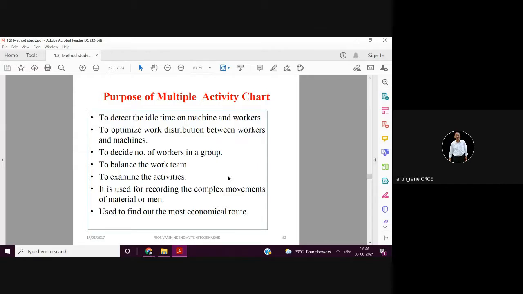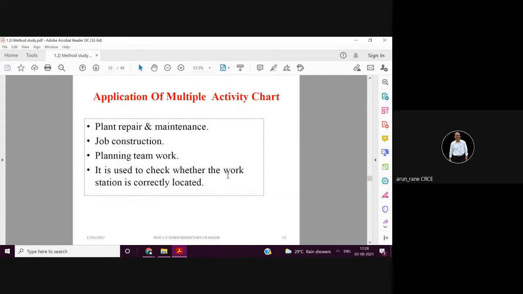That is what is called the balancing, the work team. अगर आप 5 वर्कर का टीम अलोकेट करते हो तो यू हैव टू सी दैट हर एक को काम है, इक्वल काम है, अंडरस्टैंड। दैट इज व्हाट इज यू हैव टू एग्जामिन एंड यू हैव टू बैलेंस। एंड देन अगर instead of 4 peoples, can I use only 1 person? Can I use only 2 persons? That is what you have to arrive, and that is what the purpose of multiple activity chart is.